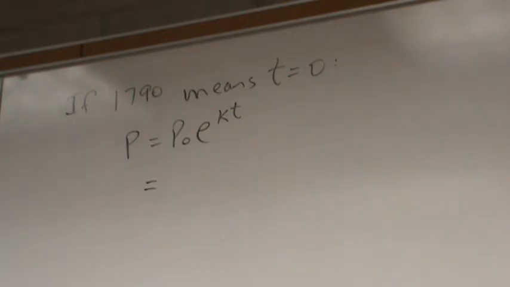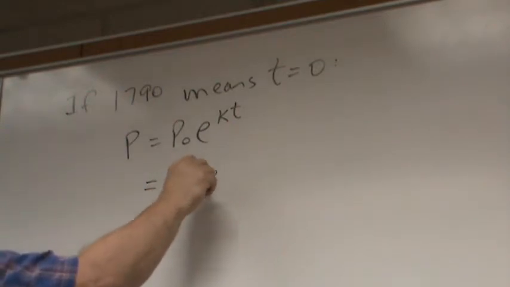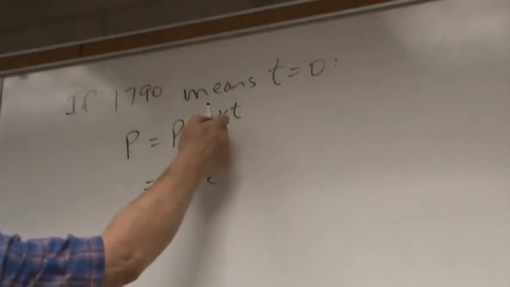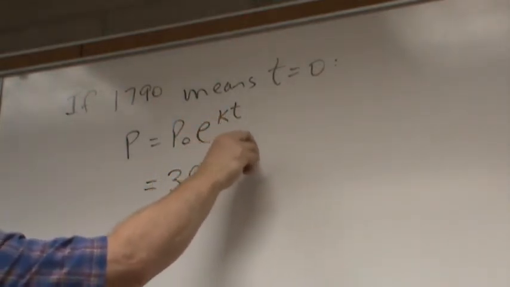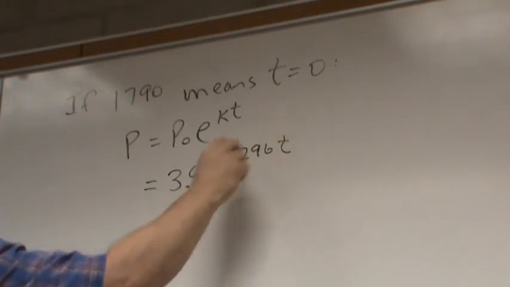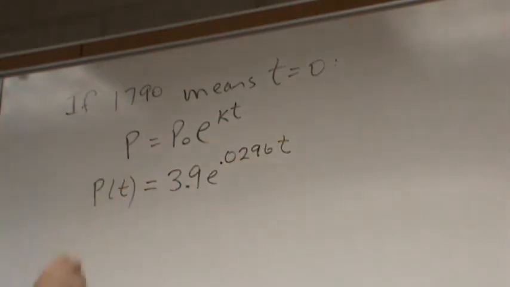My initial population will be 3.9 million. My continuous annual growth rate will be 0.0296. And this gets me my population for any year in the first 50 years of our nation's history. In fact, we'll even use this equation to predict the population in 1850.